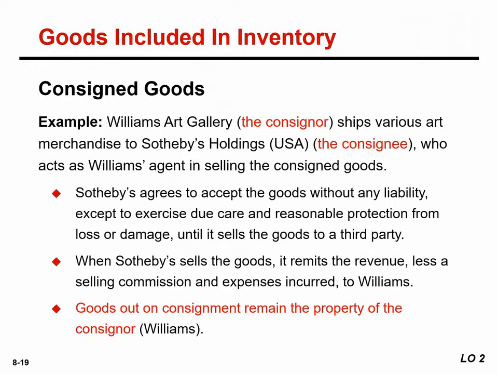Goods on consignment are always controlled and owned by the consignor, because the agent did not buy these products. He or she is only keeping them to sell on your behalf. So you still own them as a consignor. So consigned goods are owned by the consignor.